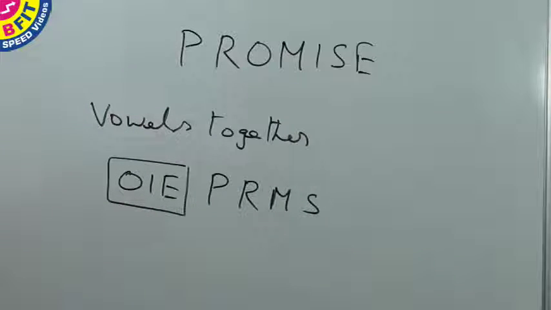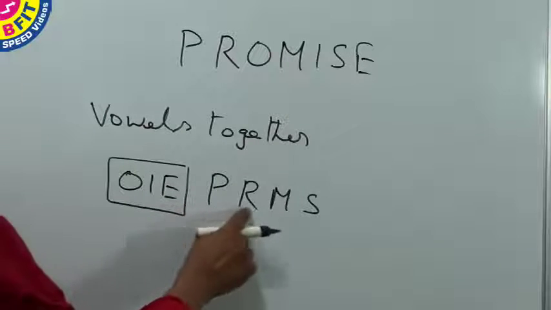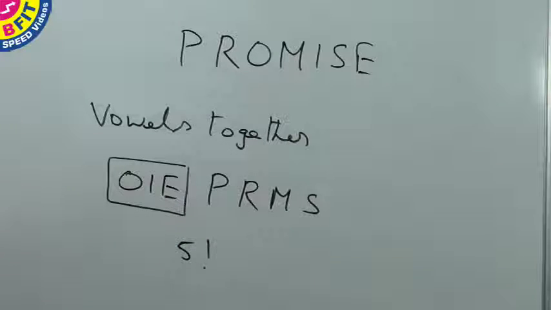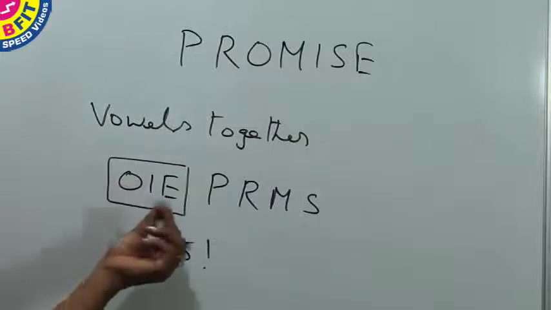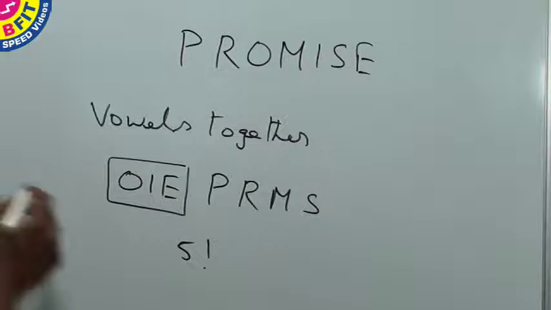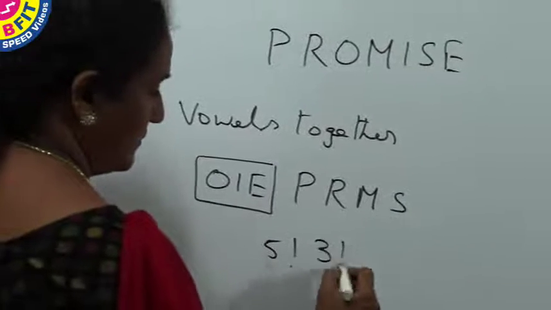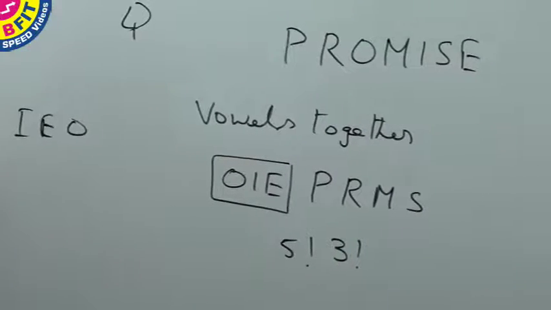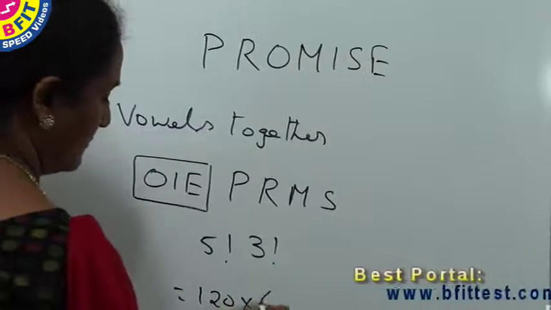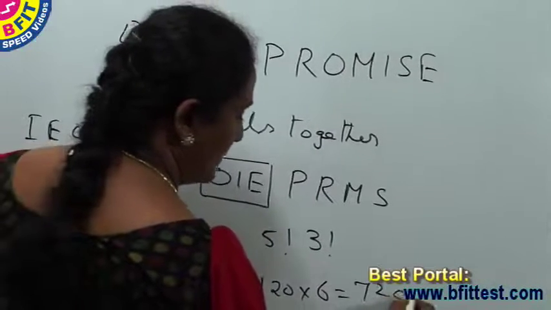So the vowels occur together. To find the number of arrangements, taking the vowels as a single letter, you have 1, 2, 3, 4, 5 letters, so 5 factorial, and within this we have internal arrangement. You can write this as OIE or IEO. As there are 3 letters, it is into 3 factorial, which is equal to 720.